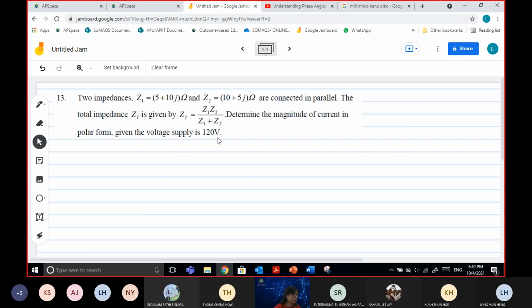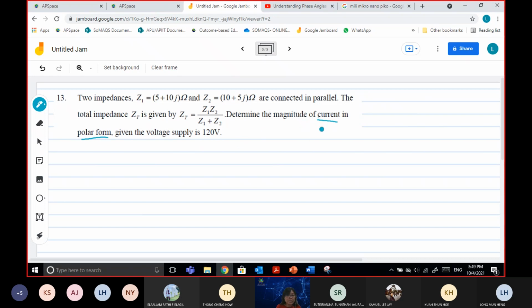So you need to find the magnitude of the current in polar form. Please take note, that means later you need to write the current in polar form.